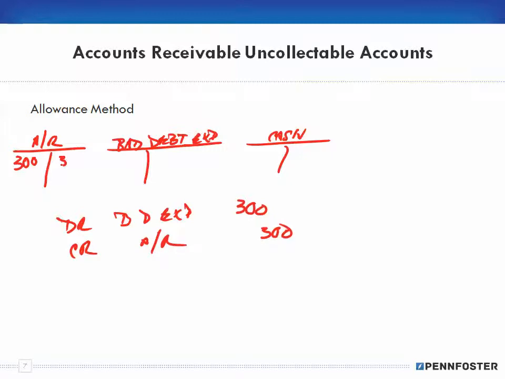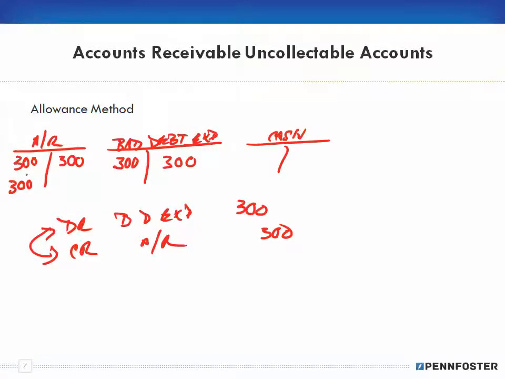When we posted it to the general ledger accounts, our accounts receivable would be 0 for that particular customer, and that would move it over to the bad debt expense. So we would expense it, and it would be off of our books. Then if later the customer decided to pay, we would reverse this entry, which would put the $300 back on our books and take it out of the bad debt expense.